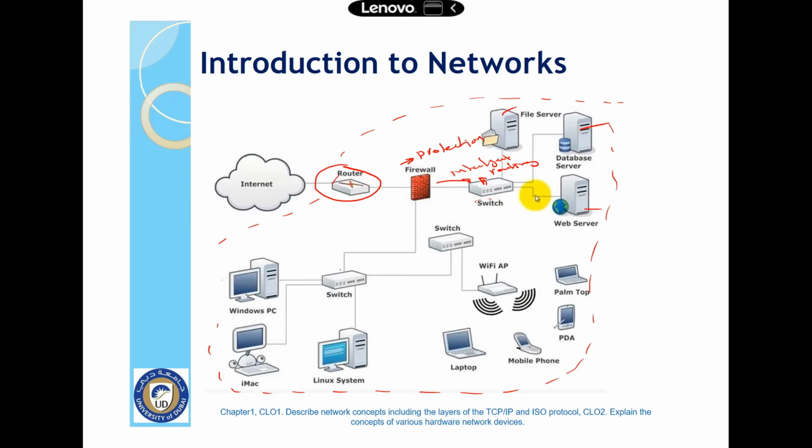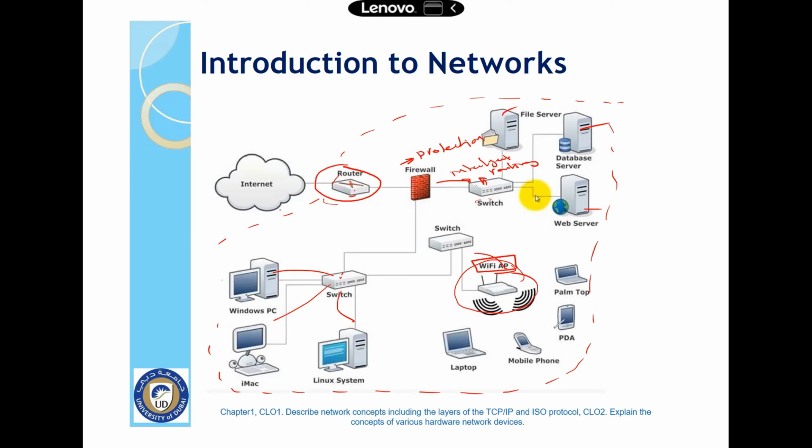Another switch here is connected to the users. Another switch goes to a Wi-Fi access point, which in the form that we know commercially is a router, but it's different from this router here. Actually, it's not a router. We call it an access point. The router itself is the one that is connected to the main internet, the big internet.